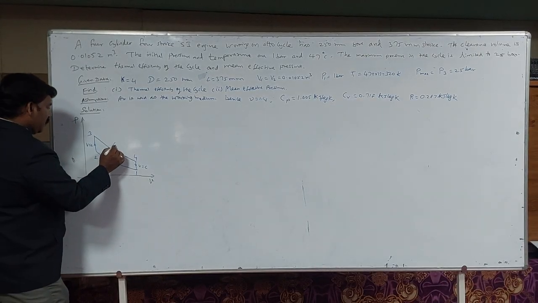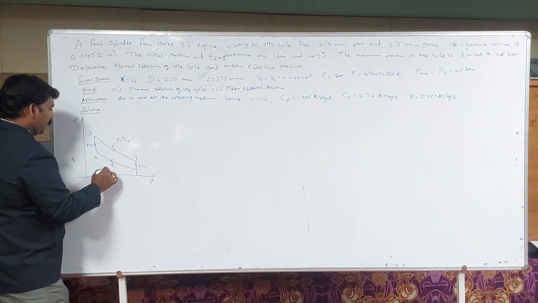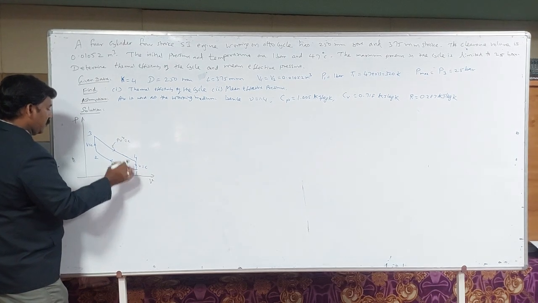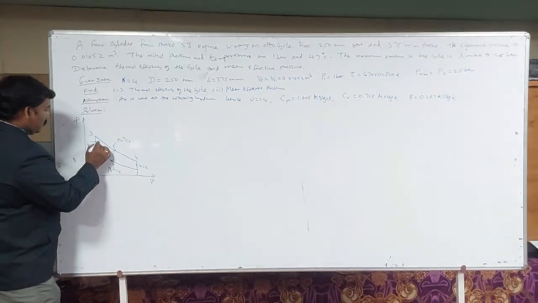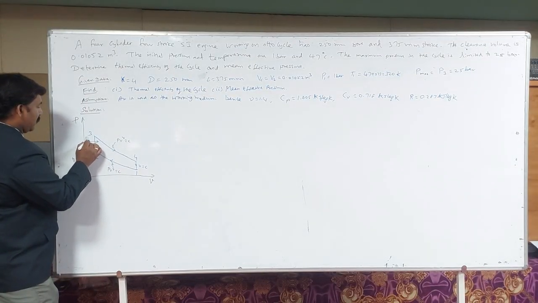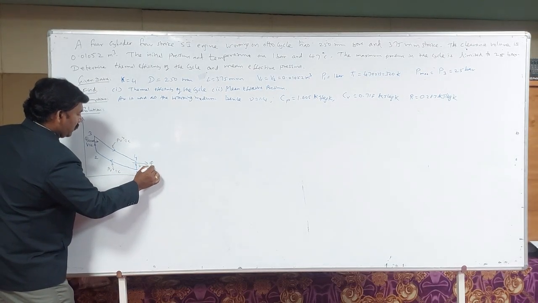Here the process is PV power gamma is equal to constant. In process 2 to 3, heat is supplied, and in process 4 to 1, heat is rejected.